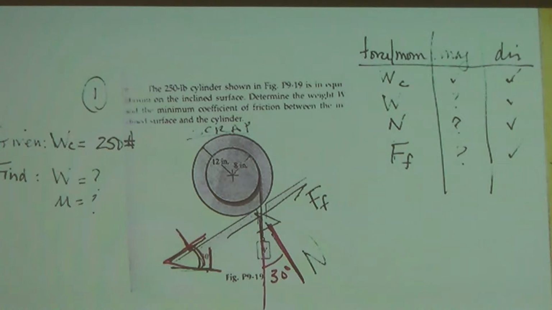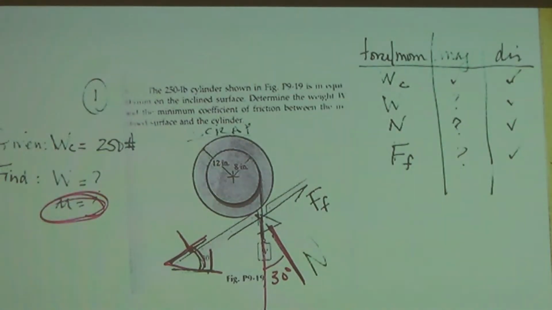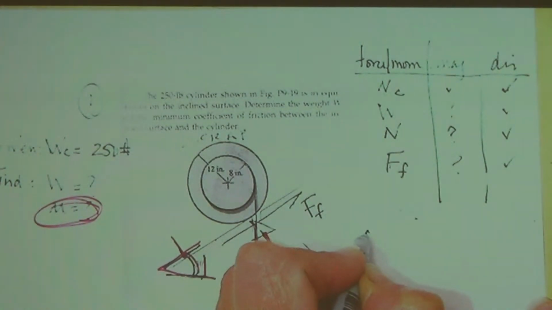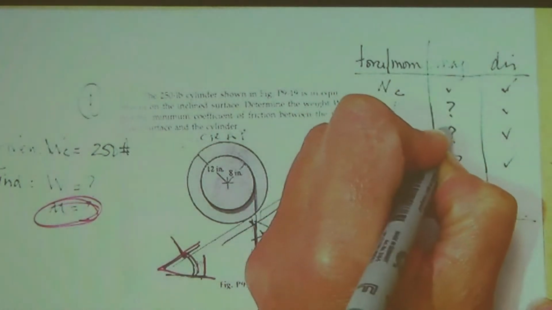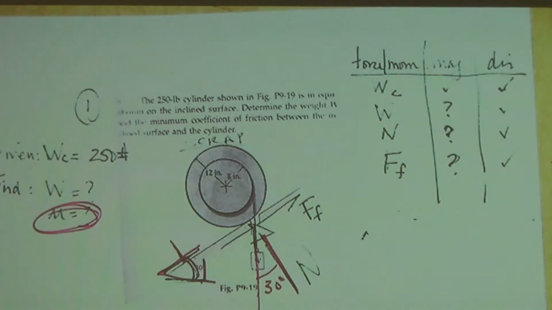So Javen, so far, how many unknowns do we have looking at this table? 3. But we have to remember they also gave us a mu that we have to find. So how many unknowns do we have total? Well, I'd still say 3, because you find mu through F and N. Right, but that's when we start putting in equations.